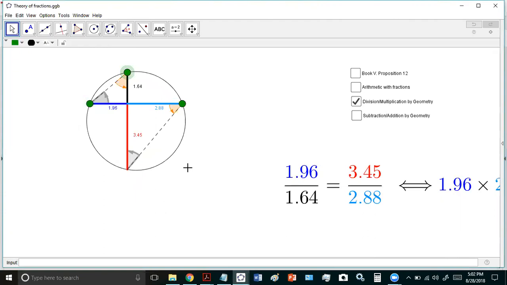And so that gives us division and multiplication, because obviously if we want to divide this magnitude by the blue one, then it's going to equal this ratio here, 1.96 over 1.64, isn't it?